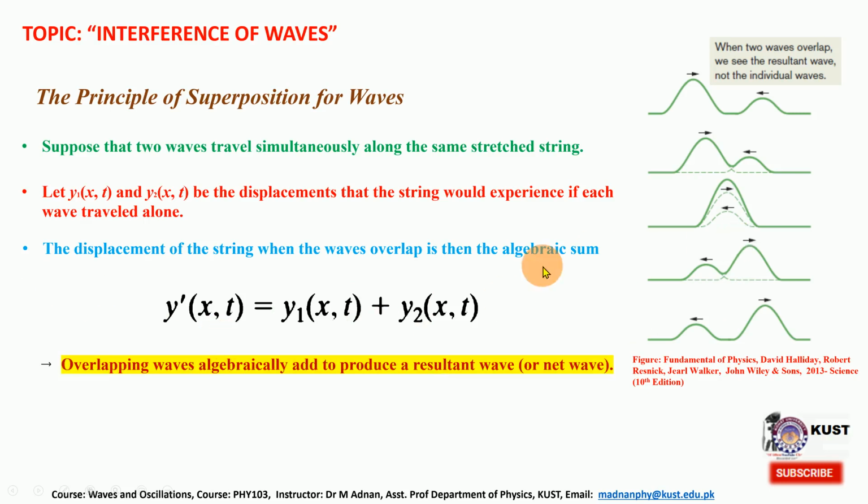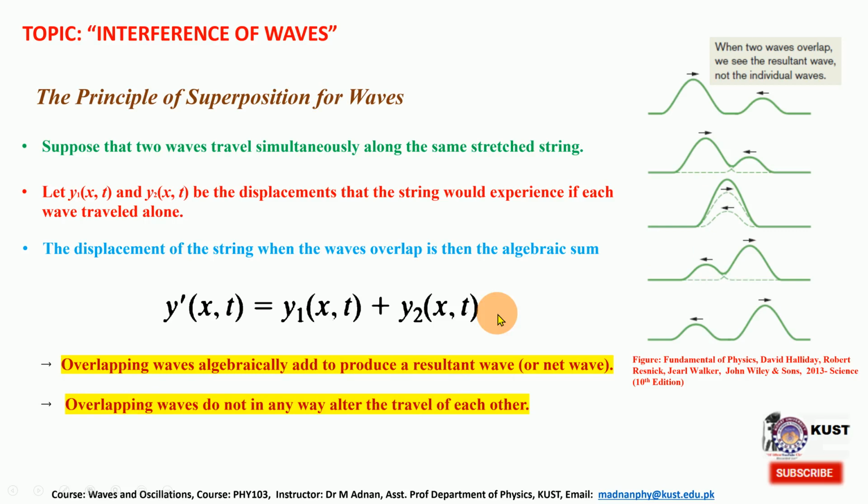Now the overlapping waves add algebraically to produce a resultant wave, and the overlapping waves do not in any way alter the travel of each other. Now based on this description, we will be discussing the interference of waves, that is, the individual waves will add up algebraically.